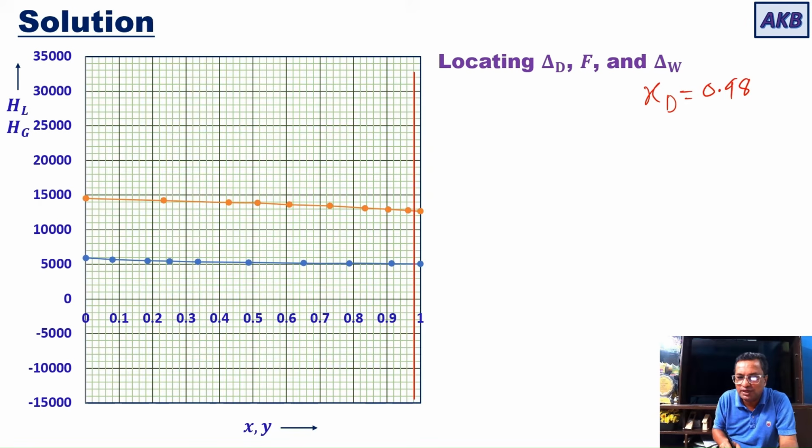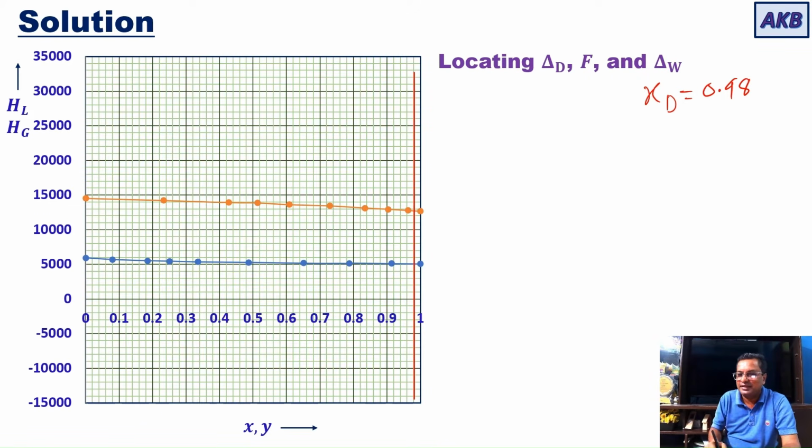So I have drawn a vertical line through 0.98. XD will be on the lower curve, because the distillate in this case will be saturated liquid. So XD will be obtained on the lower curve at this point.